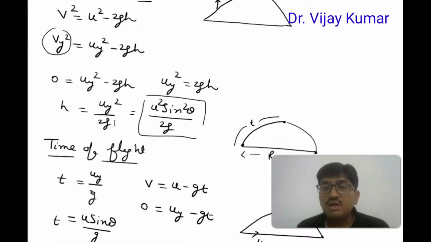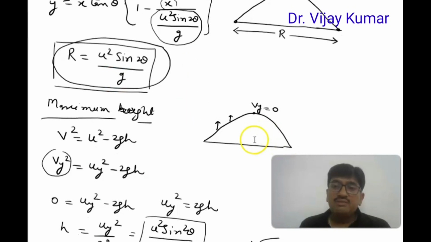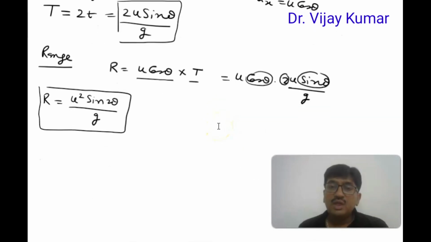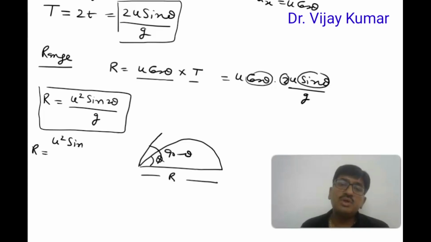Earlier we determined that this is the range, u square sin 2 theta upon g. Here we can see that if a projectile is projected at angle theta, then the range is R. Suppose it is projected at 90 minus theta, then R is u square sin 2 into 90 minus theta upon g.